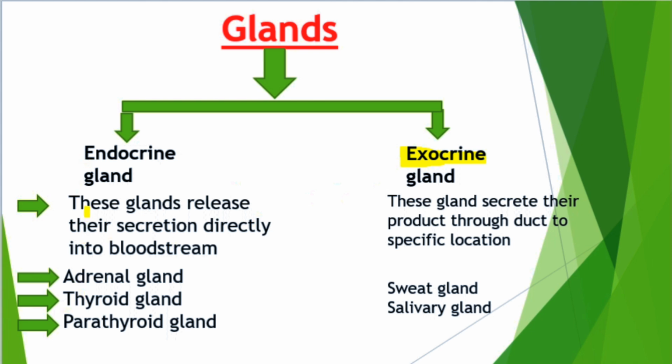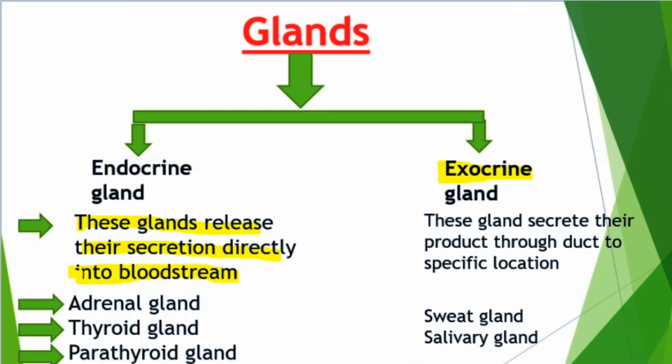So what is an endocrine gland? These are the glands that release their secretion directly into the bloodstream. There is no duct present for the secretion of these glands. When these glands release their secretion, it directly enters the bloodstream, and through the bloodstream it moves to its target sites.